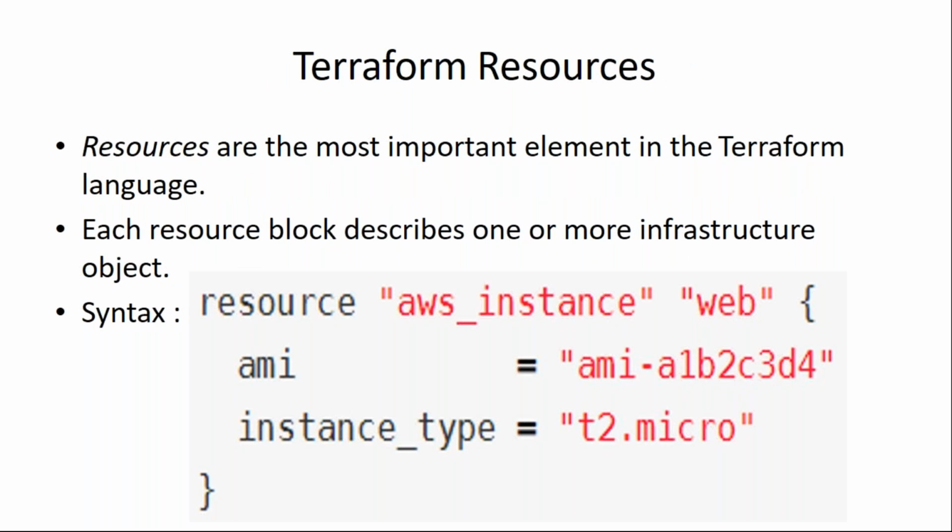Going forward, on resources. We have just learned what a resource is and how we can use it. You can link one resource with another resource using variables. You can define the variables within the Terraform file, or outside the Terraform file using the tfvars file extension.